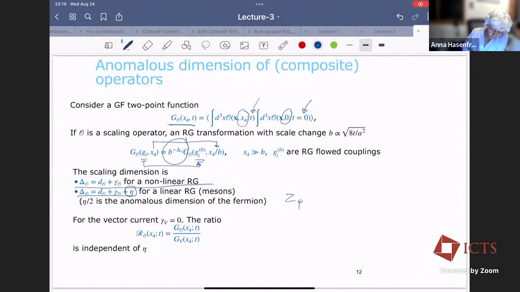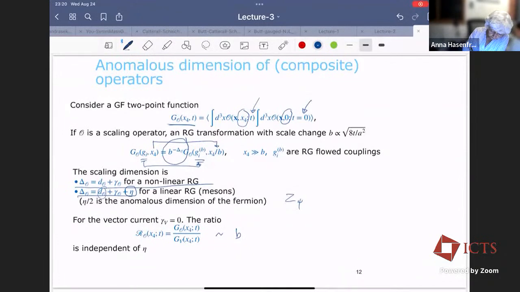But if we choose an operator that has no anomalous dimension, like the vector, then taking the ratio of our desired operator G of O with the vector operator V will lead to a relation where, in fact, not only eta, but the delta or the D cancel as well.